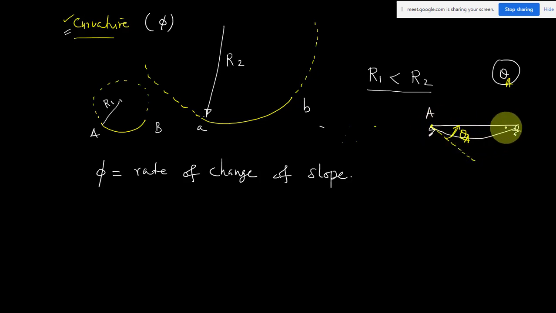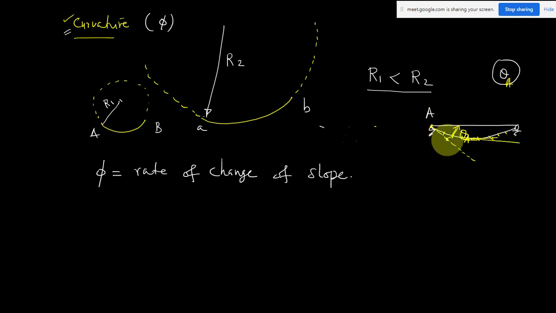From this curve, we can understand that if you take a point here, the slope will be reducing because the tangent will be coming something like this. The slope will be less compared to this point. That means at each point in this deflected shape of the beam, the slope is changing. The slope is continuously changing, not a sudden change.